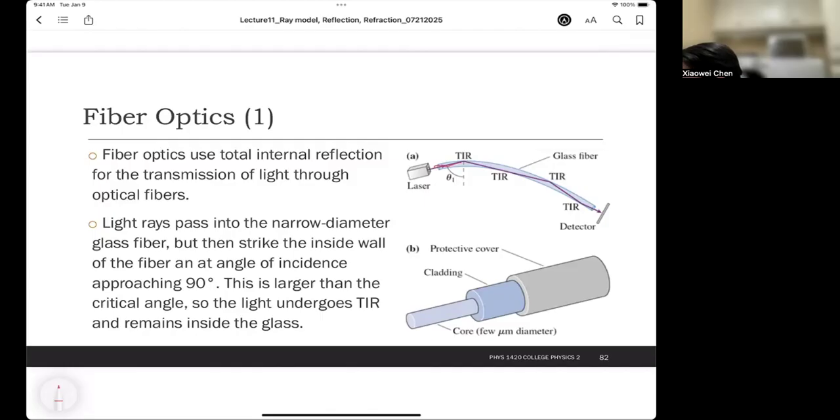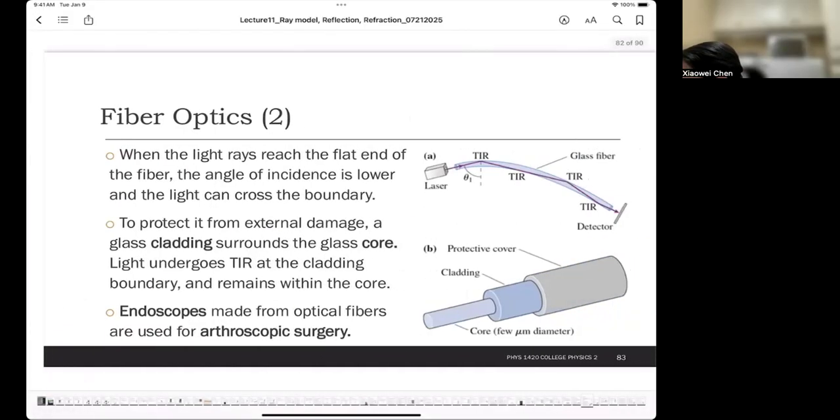The light rays pass into the narrow diameter glass fiber, but then strike the inside wall of the fiber at an angle of incidence approaching 90 degrees. This is larger than the critical angle, so the light undergoes TIR and remains inside the glass. They will not go outside the glass. Does that make sense to you?